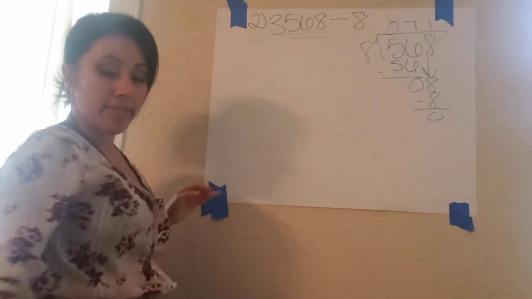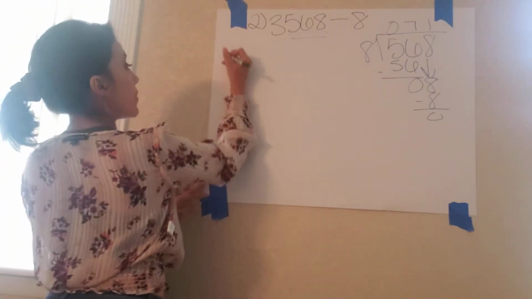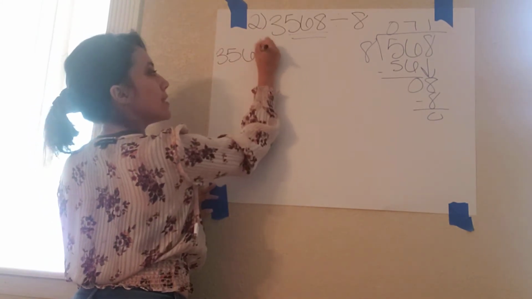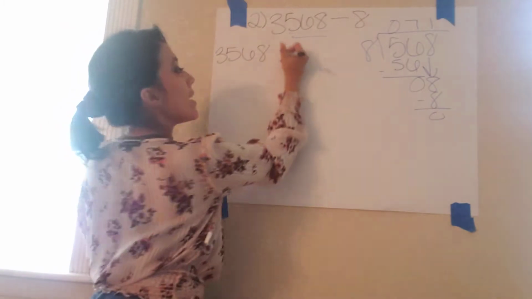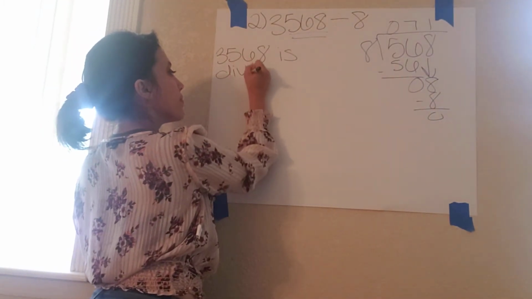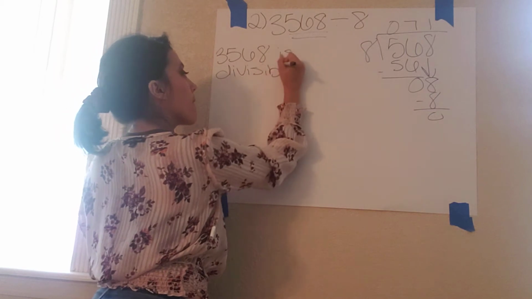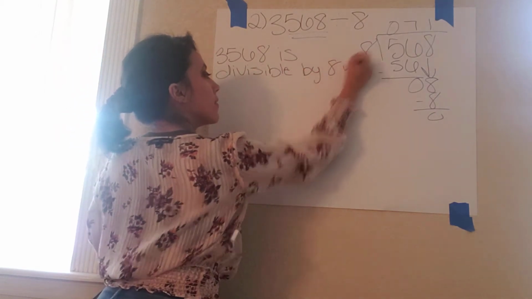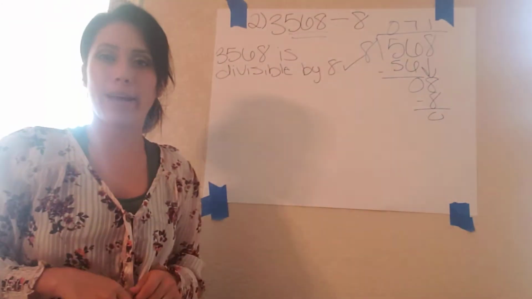So with us saying that, that means that 3,568 is divisible by 8.